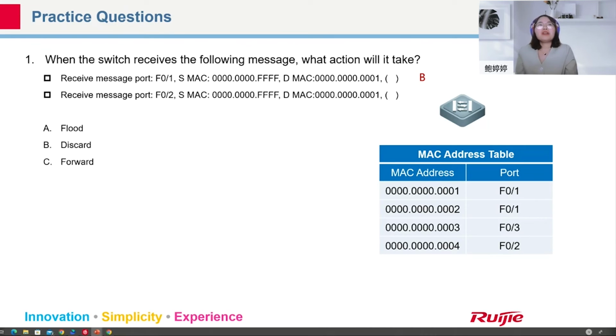The second one: we receive a message from the second interface, the source MAC address is F, and the destination MAC address is 1. So what's the action? C, forward.